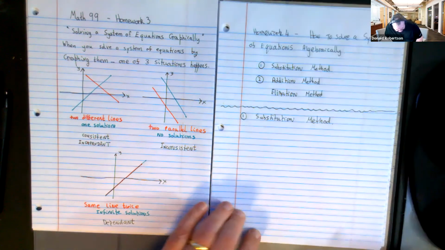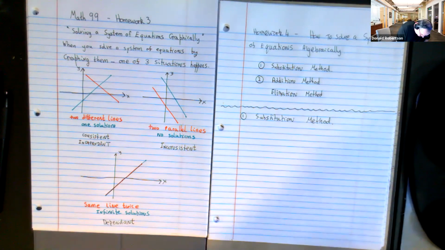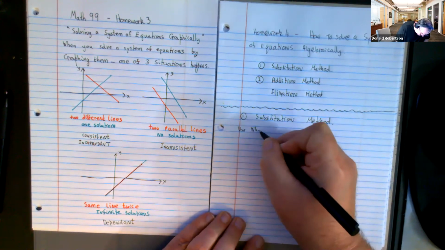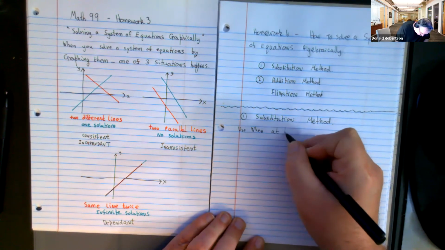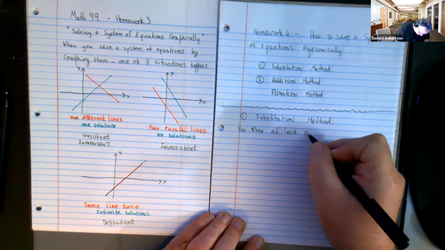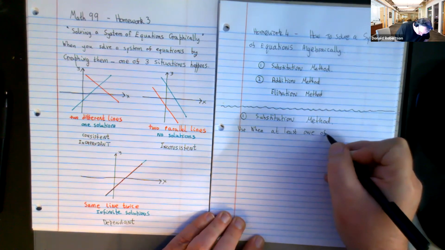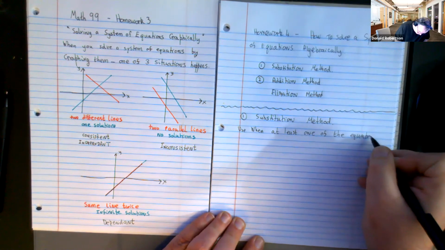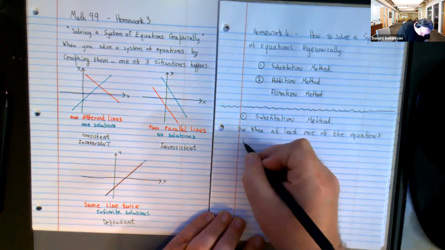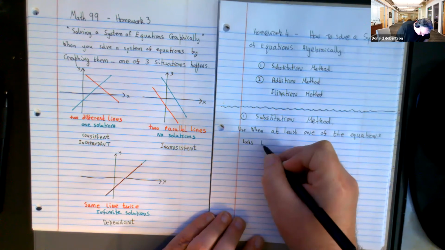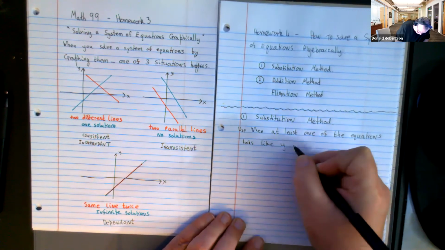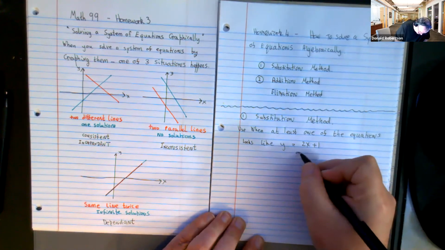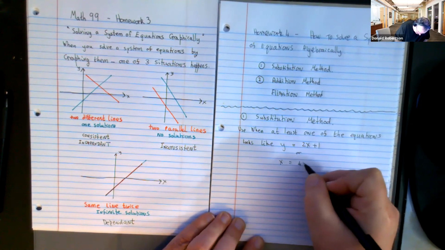You should use this method when at least one of the equations looks like y equals, things like 2x plus 1, or x equals 4y minus 3.